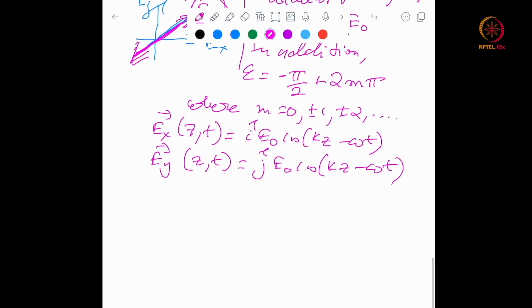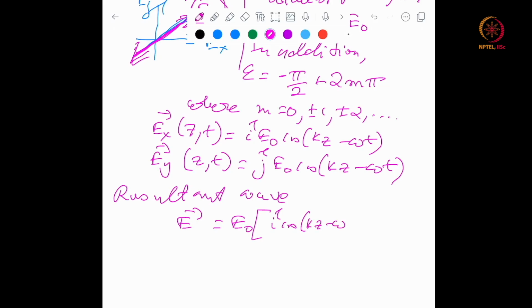So the resultant wave is given as E naught [i cos(kz - omega t) + j sin(kz - omega t)].